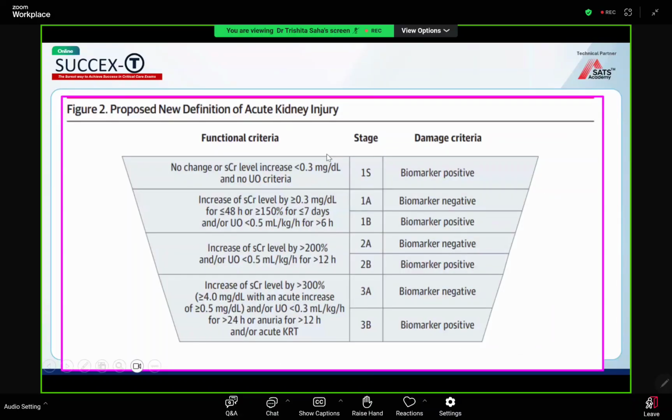So the proposed new definition of acute kidney injury can be given in this manner. Basically, it is adapted from the KDIGO, but they have divided into 1A and 1B.